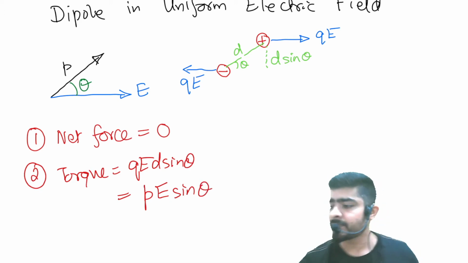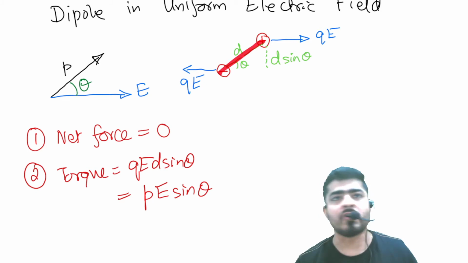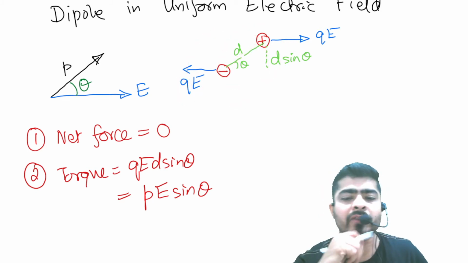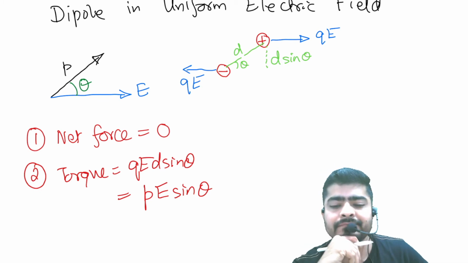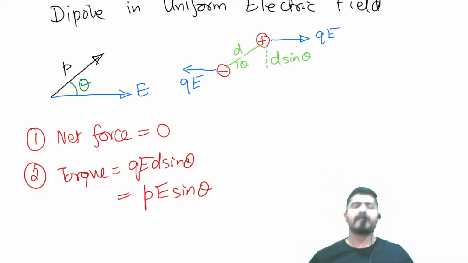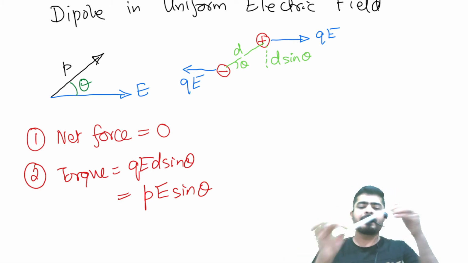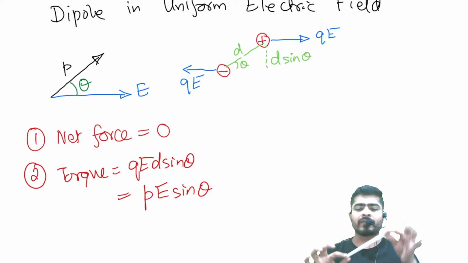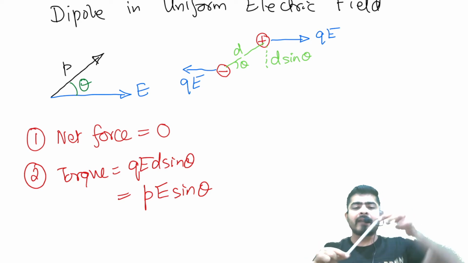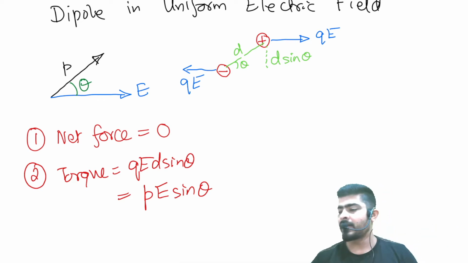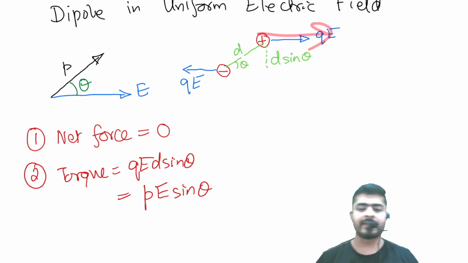Now, how do you think this torque will be acting? Is it acting clockwise or anti-clockwise? What do you think? Easy. It's a very easy concept, right? Those who are confused regarding this concept, do a simple thing. Take a pen. You must be having a pen right now. Take this pen in your hand and try to pull the pen from this end like this, because the force is also acting in this direction.